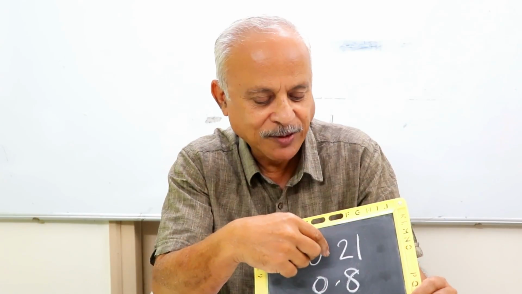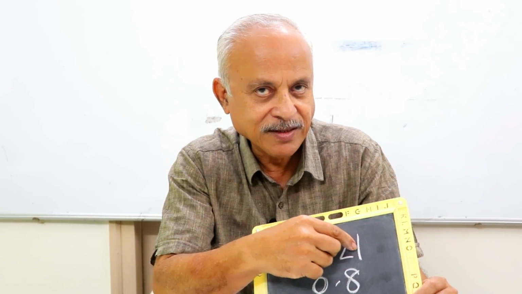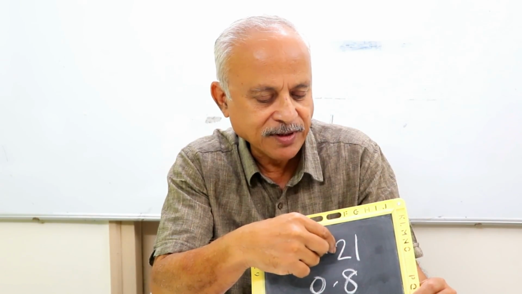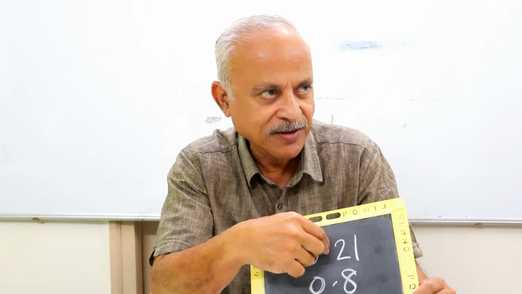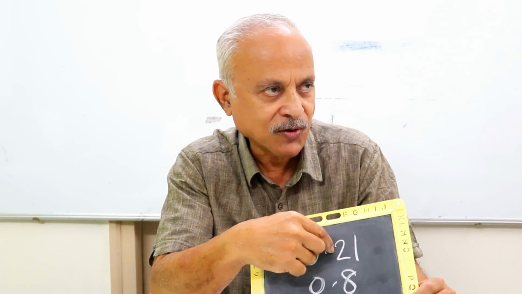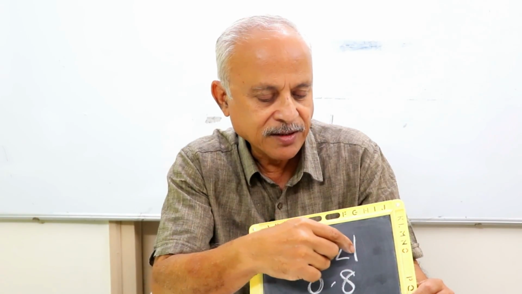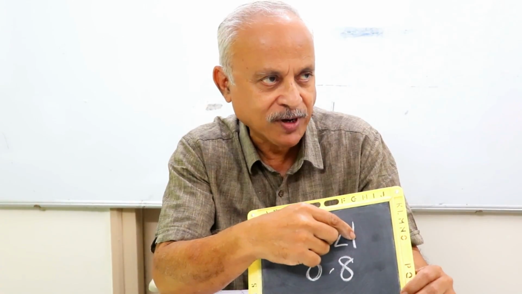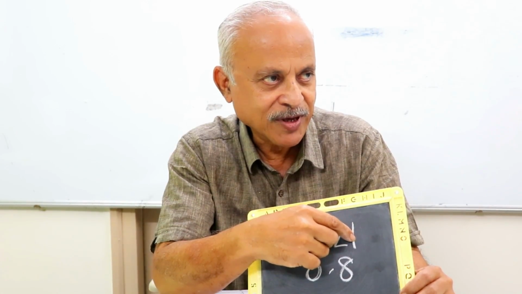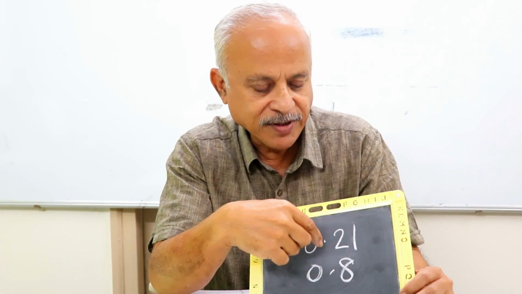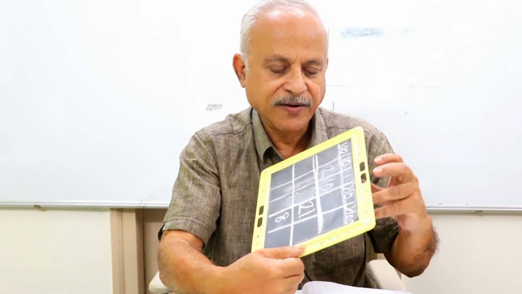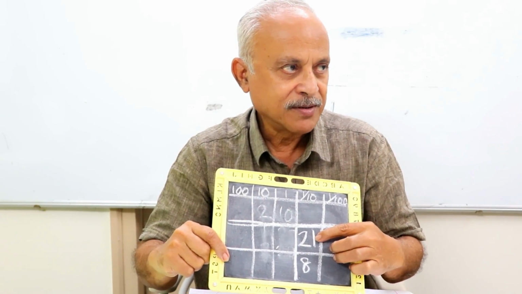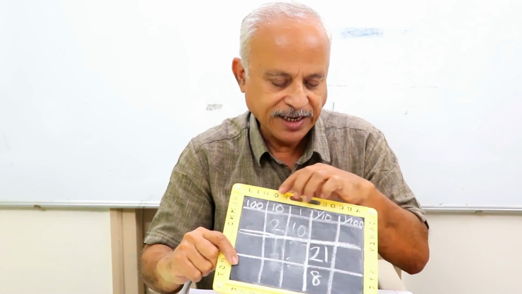Right. When we write 0.21, in this form, only the numeral next to the decimal point is in the house of 1 by 10s. This numeral is not in the house of 1 by 10s, it is in the house of 1 by hundreds. So it's difficult to write this loose form unless I write the names of the houses.